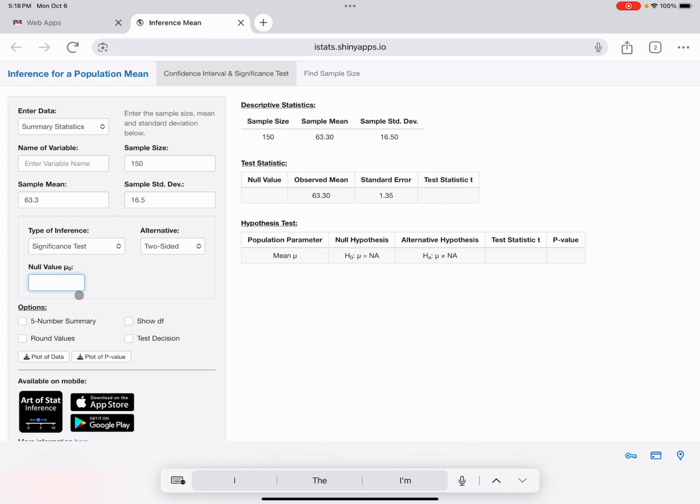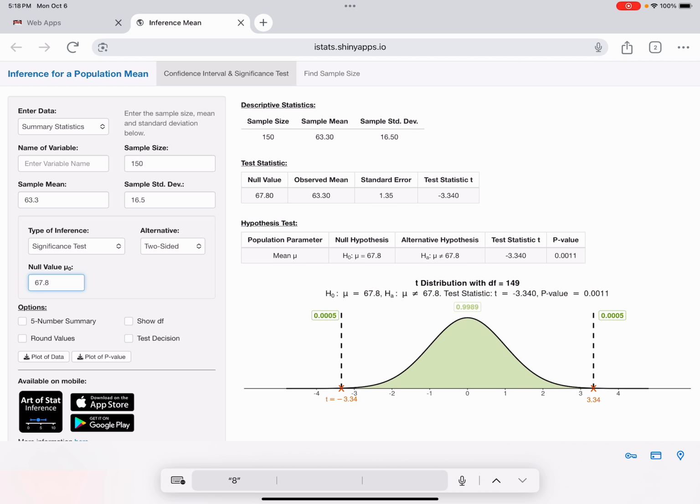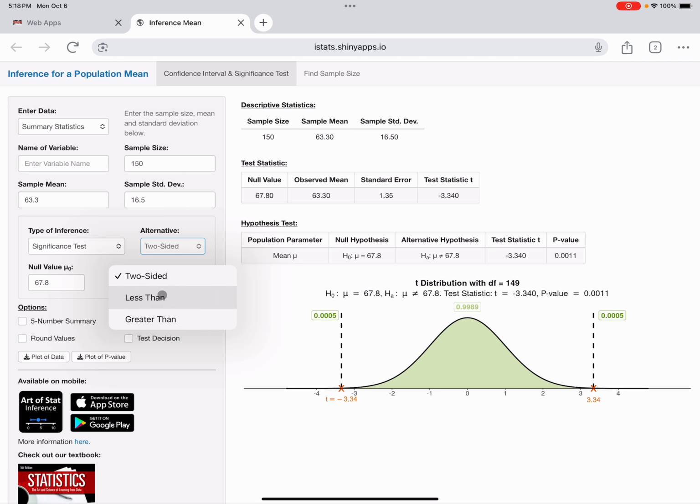The null value was 67.8, right? Because the null hypothesis said mu equals 67.8. And I don't want a two-sided alternative. I want to test to see if TikTok users spend less time, right? So now this alternative should match what I wrote down on my paper. I've got a p-value of 0.0005. Okay, 0.0005.